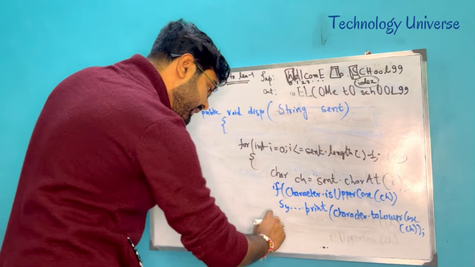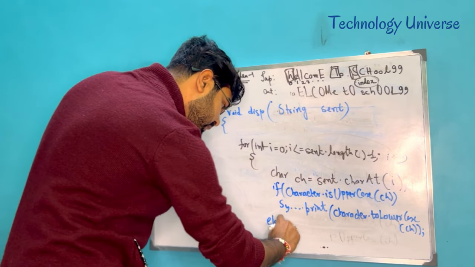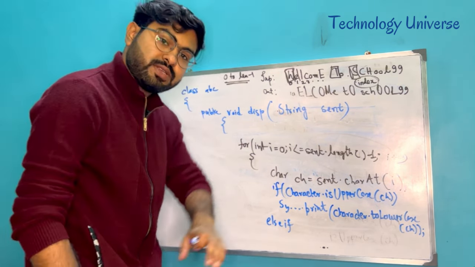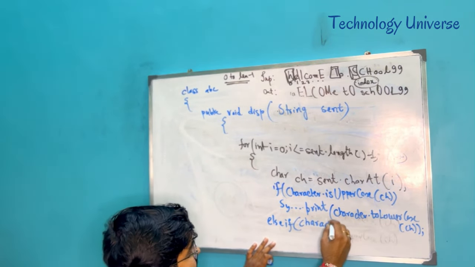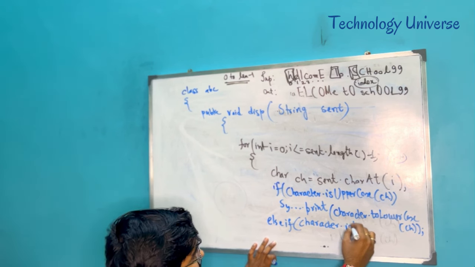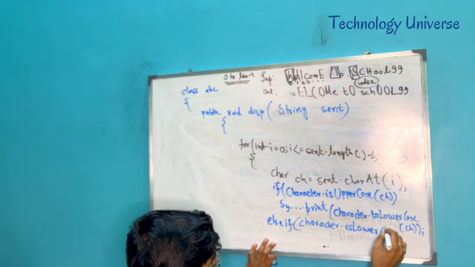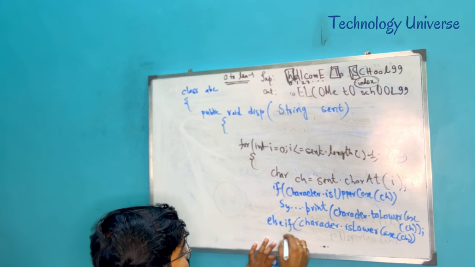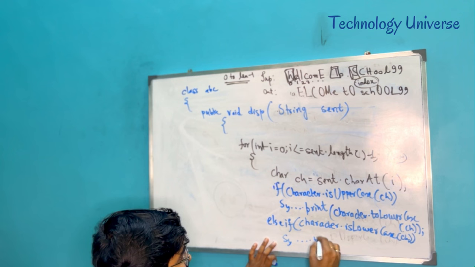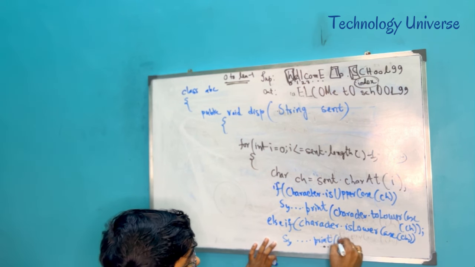Now after that we have to give another else if for the vice versa, like if the character is lowercase, then what will happen? It would be converted into uppercase. So if it is lowercase, Character.isLowerCase(ch), then we have to print the uppercase, right?